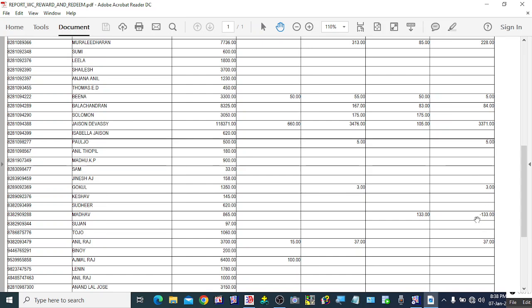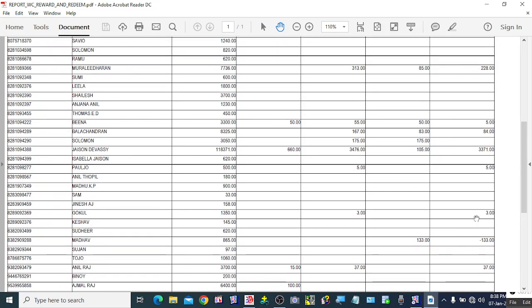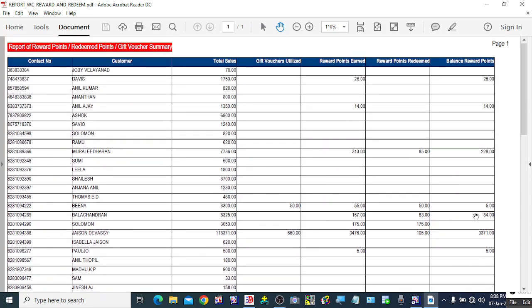You can visit our store and you can redeem these reward points. So by intimating such messages periodically or on a weekly basis, you can bring your customers back and make more purchases from you.